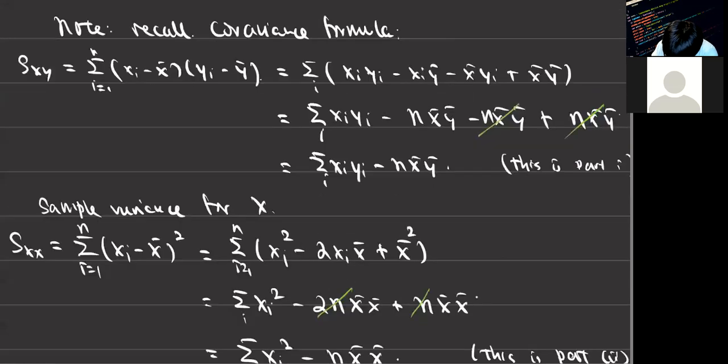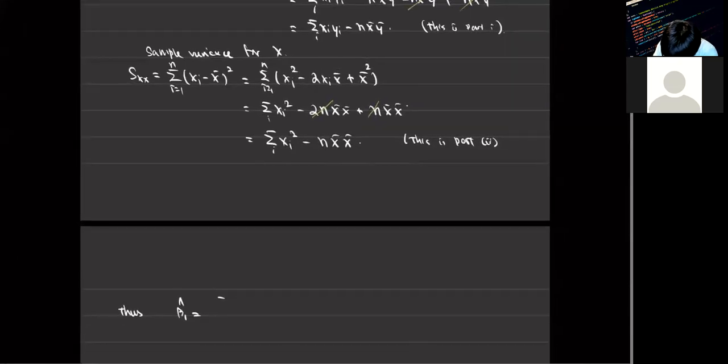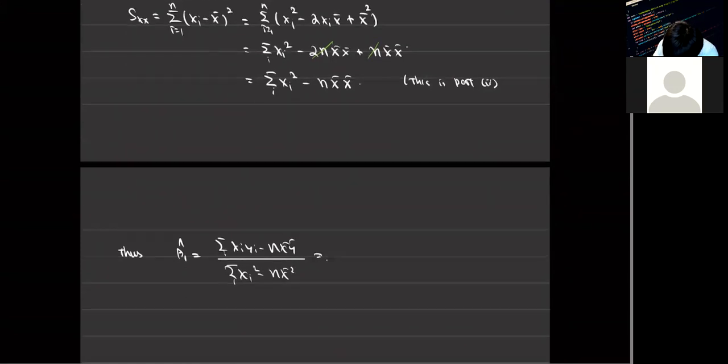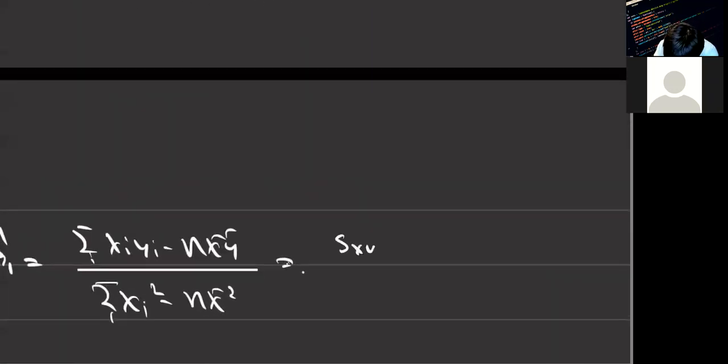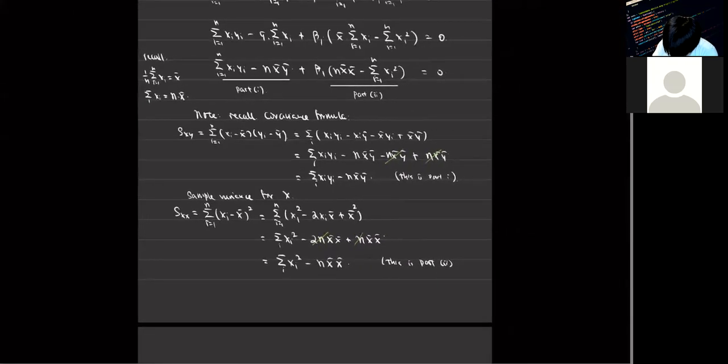We can write out the formula, which is summation i xi yi minus n x bar y bar over summation xi squared minus n x bar squared, which is here. We can plug in sxy as shorthand notation over sxx. Make sense?